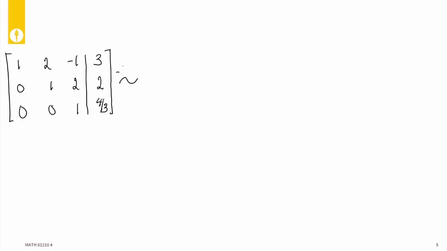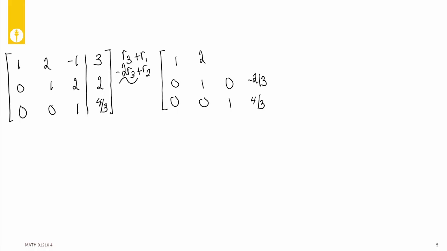We do negative 2 row 3 plus row 2, and then row 3 plus row 1. Negative 8/3 plus 2, negative 2/3. Four thirds plus 3, 13/3.